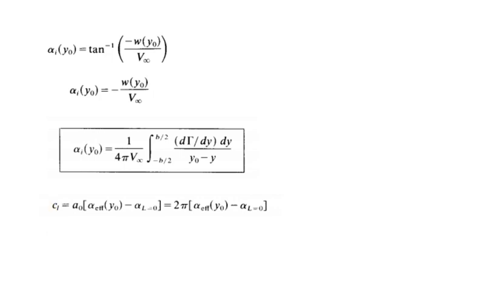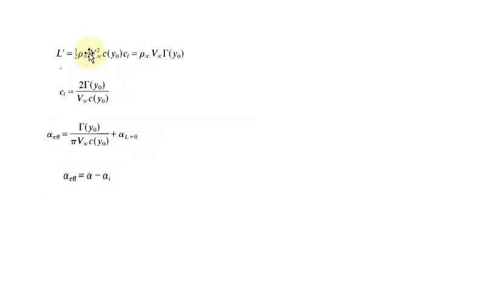We are going to use another form of the CL equation by using the Kutta-Joukowski theorem and circulation. L dash is nothing but the lift per unit span.